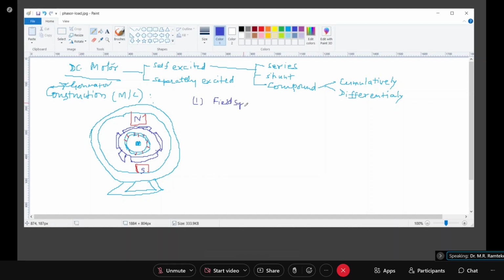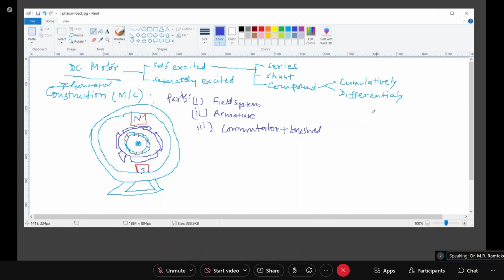Second one is the armature. And the third major part is the commutator, plus brushes you can add. So these are the major parts. Now we see each part.